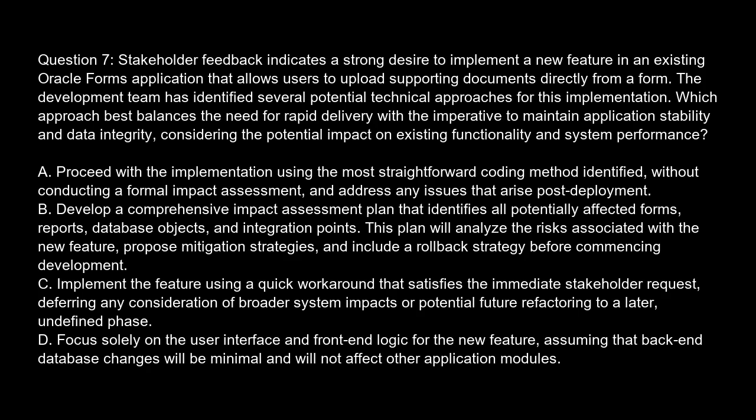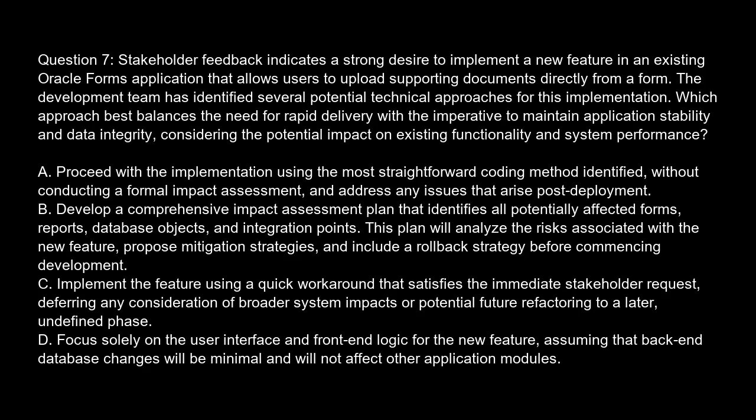Option A. Proceed with the implementation using the most straightforward coding method identified, without conducting a formal impact assessment, and address any issues that arise post-deployment. Option B. Develop a comprehensive impact assessment plan that identifies all potentially affected forms, reports, database objects, and integration points. This plan will analyze the risks associated with the new feature, propose mitigation strategies, and include a rollback strategy before commencing development.